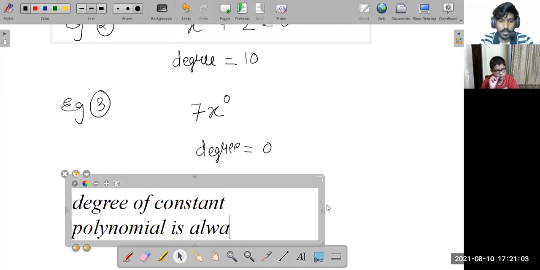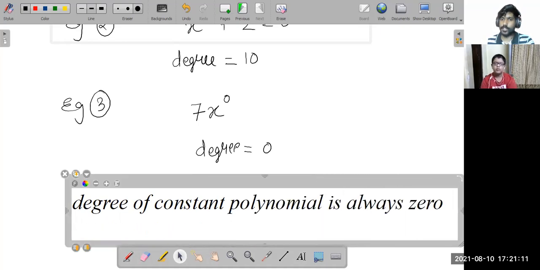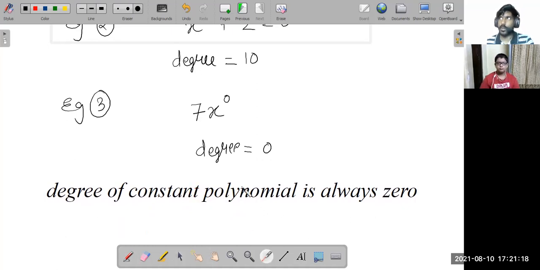And the degree of a constant polynomial is always 0. Is this clear? Yes, sir. Keep in mind the meaning of constant polynomial. Constant means when there is no variable, just a single number. That's called a constant polynomial.